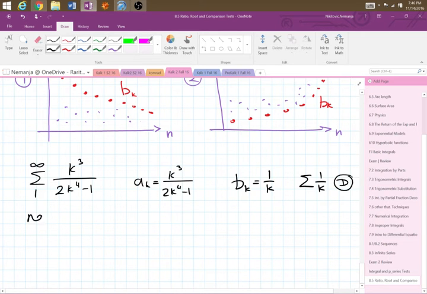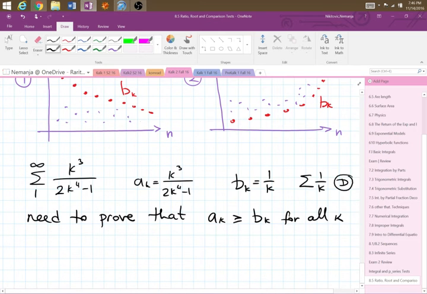So now I need to prove that AK is larger than BK for all K. K starts at 1 and goes to infinity. That is a very easy proof because all you need to do is some algebra. So this needs to hold. If you can show that this holds, you're done.